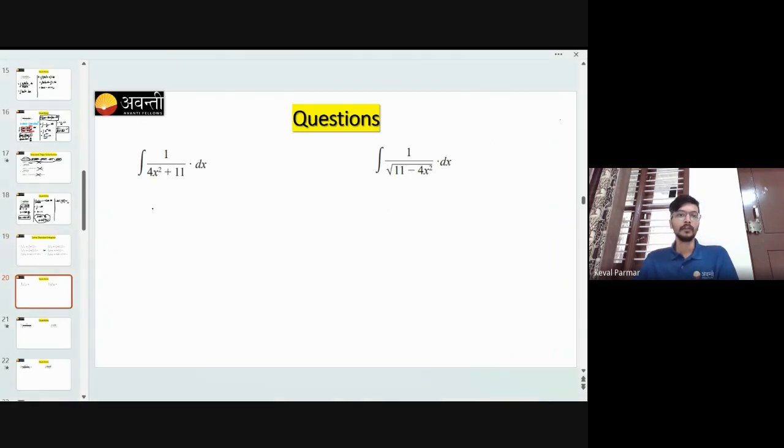Yeah. So these are two questions. So let's see how I can compare these questions. I can write it as the integration of 1 upon (2x) the whole square plus (square root of 11) square dx.